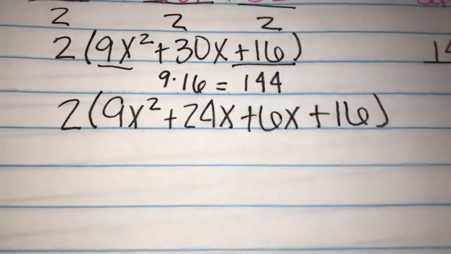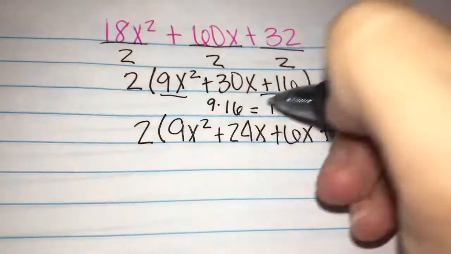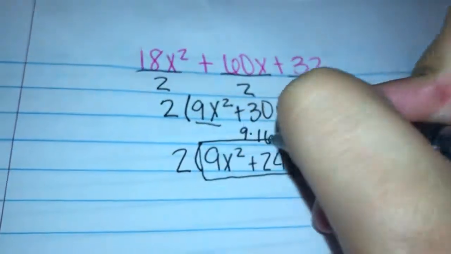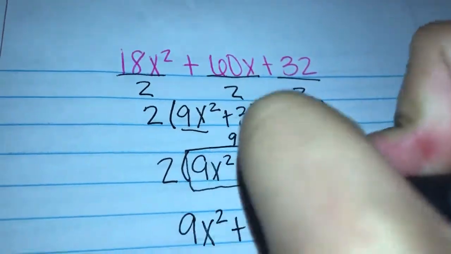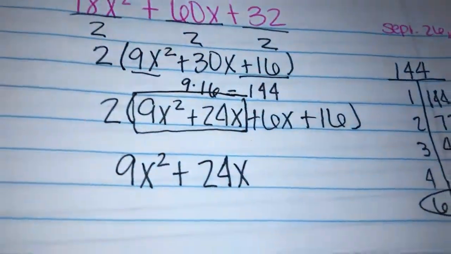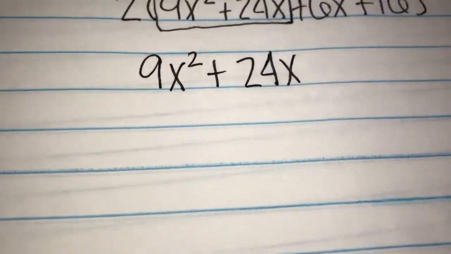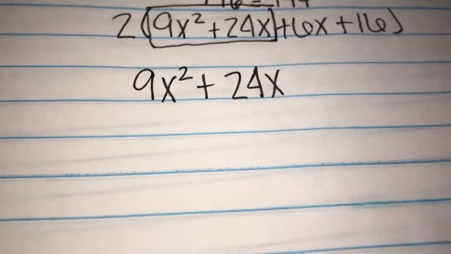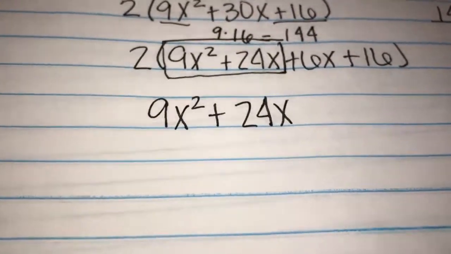So now that we have that, we're going to split the equation into two sides and look at each side separately. Okay, so here's our first side. 9x squared plus 24x. We're going to see what they have in common and pull out any common factors. So let's see. They're both divisible by 3, and we can divide them both by x.